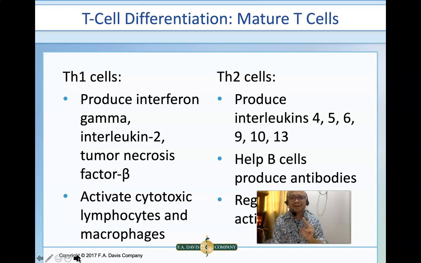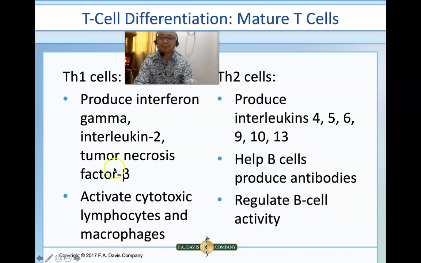Now, there are 2 types of T helper cells. We have the Th1 and the Th2. The Th1 cells will produce interferon, gamma interferon. We will be discussing this in our lessons on cytokines, but gamma interferon is very important for antiviral activities.